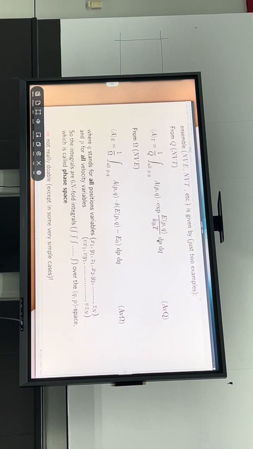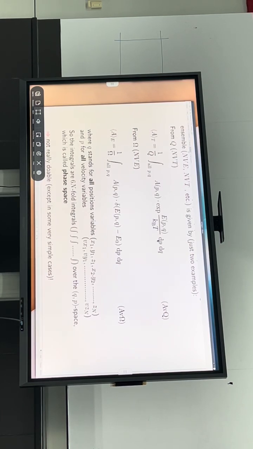And remember, if you have 100 particles, you have 100 p, so 300 px, py, pz, and you have 300 q's, and so this is basically 600 integrals. It's a 600 dimensional integral, which is a bit cumbersome. And you have 1 million particles, it just becomes more cumbersome.